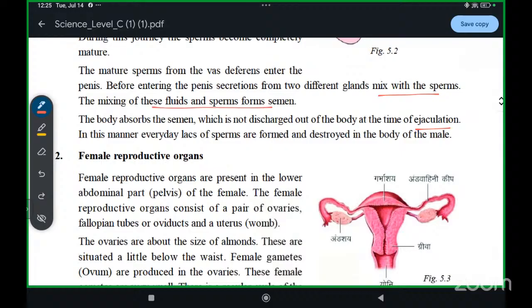When it is not discharged out of the body, it is absorbed in the body. In this manner, every day, lakhs of sperms are formed and destroyed in the body of a male.